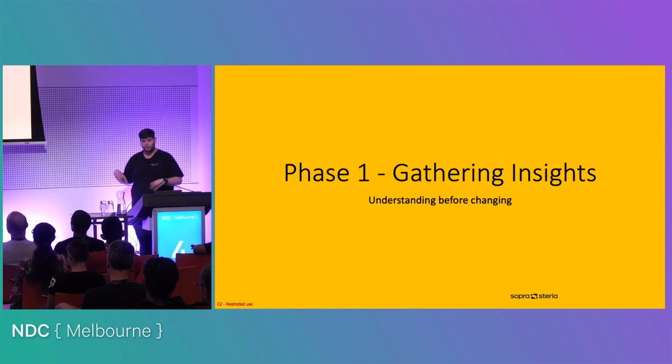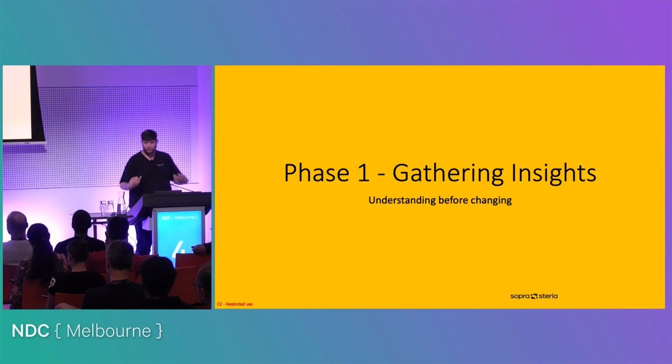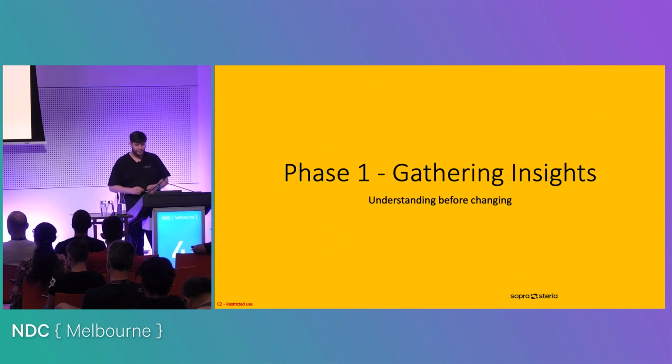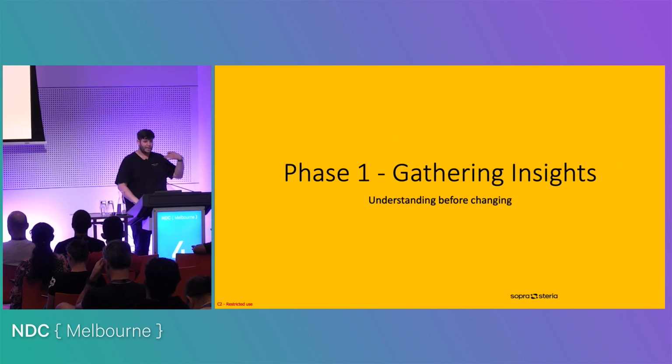So phase 1 of refactoring code is to gather some insights. You want to know what code base you're dealing with, what components, what the whole landscape of the thing you want to refactor is. In phase 1 we are looking into that, understanding the code before we change it.